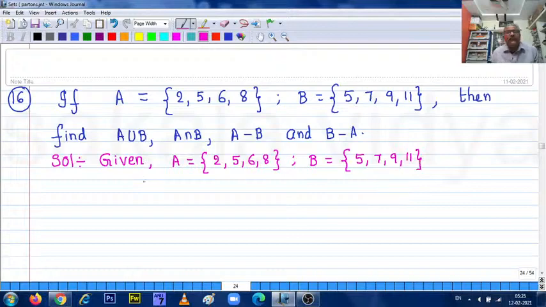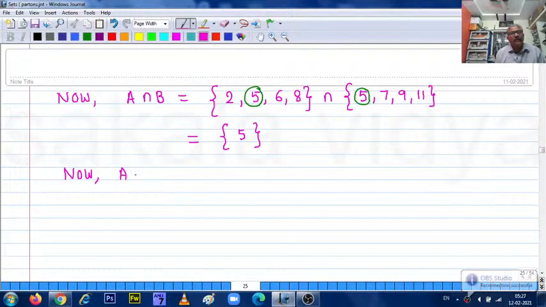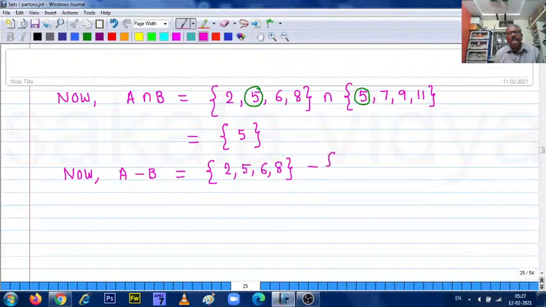Okay, first let us find A minus B. It may be called only A. So that means 2, 5, 6, 8 minus 5, 7, 9, 11. That means we need to take away the elements 5, 7, 9, 11 from set A. 5 cancel, 7 cancel, 9 cancel, 11 cancel.